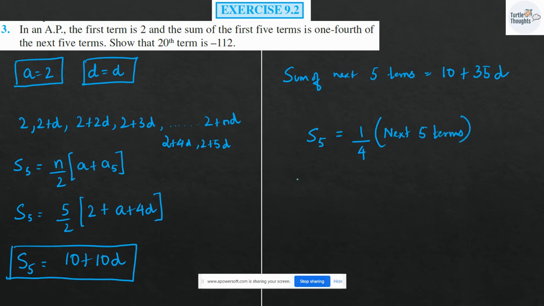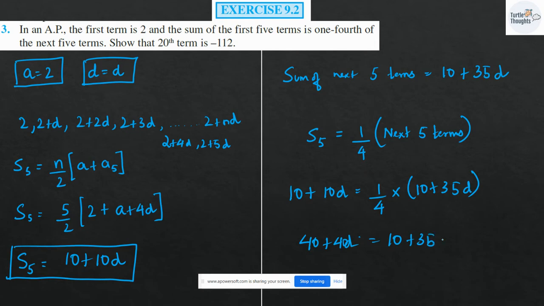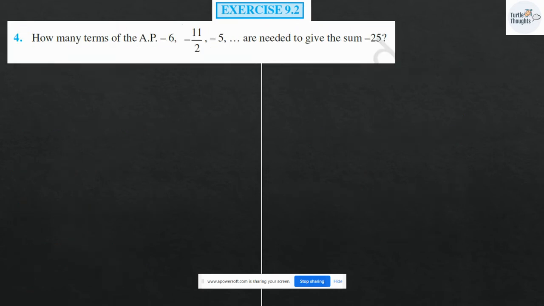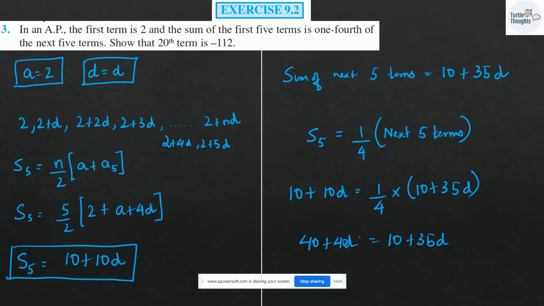So substituting for S5, I will be getting 10 plus 10d will be equal to 1/4 multiplied by 10 plus 35. When I take 4 to the other side, I will be getting 40 plus 40d will be equal to 10 plus 35. I will continue in the next slide.